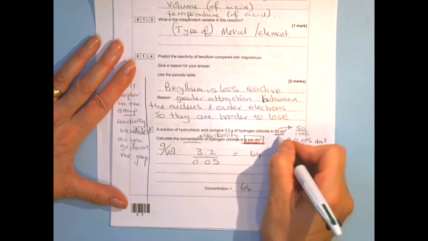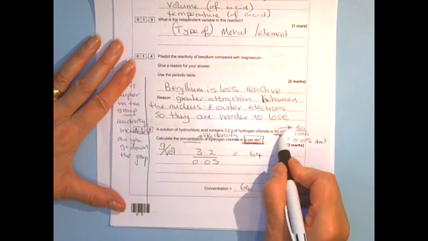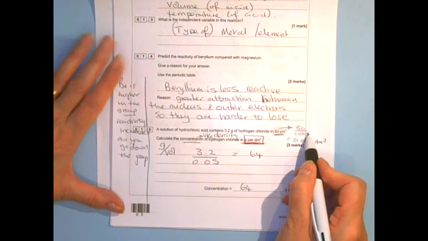So there is a little pointer there. You've got to work out grams per decimeter cubed. You've been given 50 centimeters cubed, so to convert that to decimeters cubed, you need to divide it by 1,000. 1,000 centimeters cubed is 1 decimeter cubed.